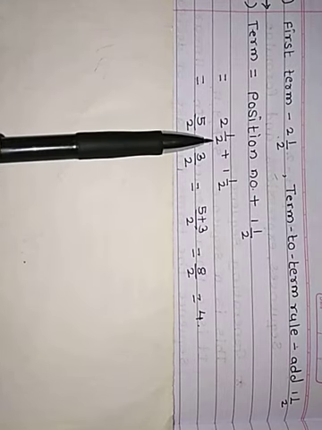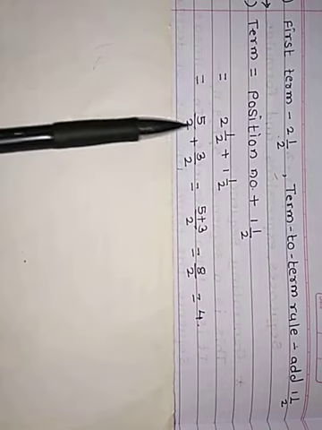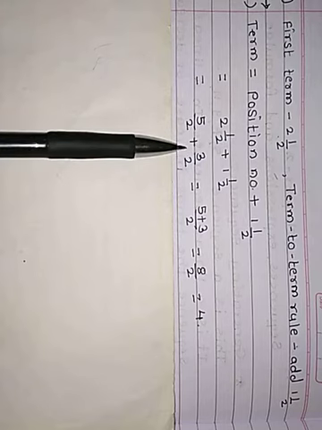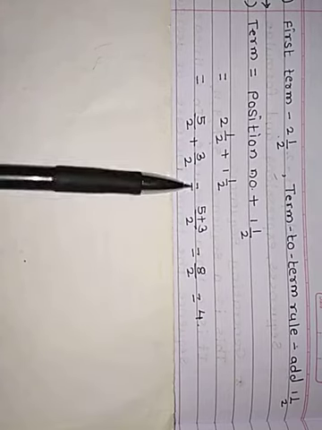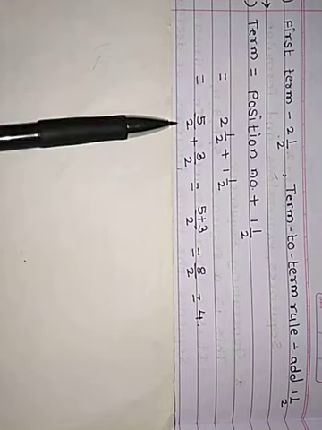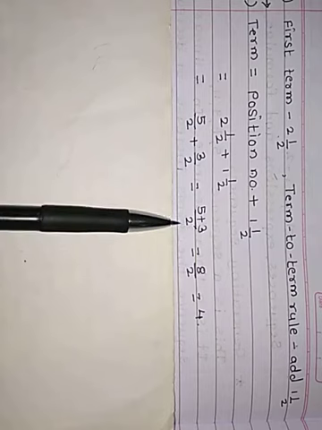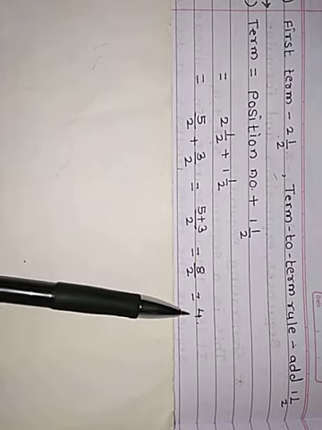Therefore 2.5 plus 1.5. How can we find it now? 2.5 means how much? 2 times 2 plus 1, it is 5 upon 2, plus 1.5 is 3 upon 2. So when we add, the base is the same, so we have to add the numerators. 5 plus 3 divided by 2, which is equal to 8 upon 2, which is 4.